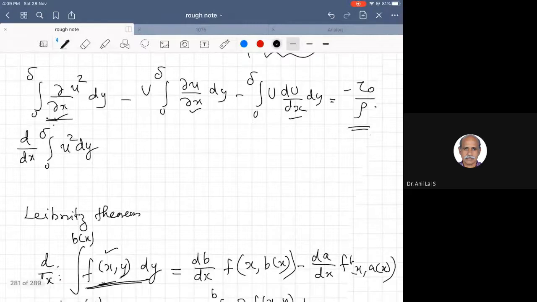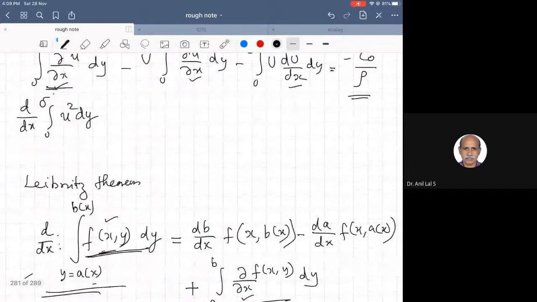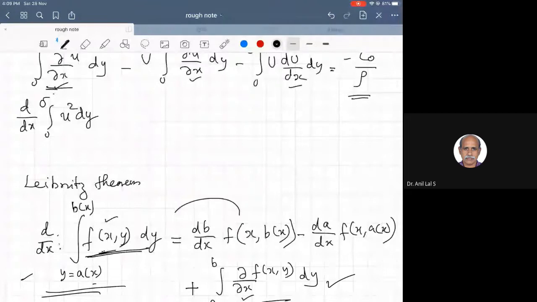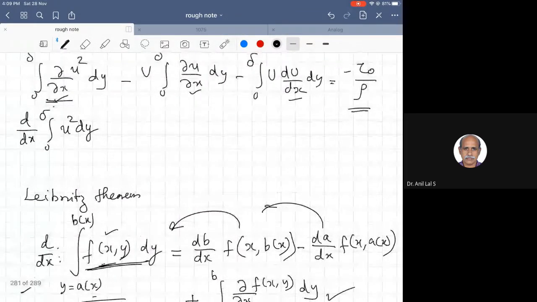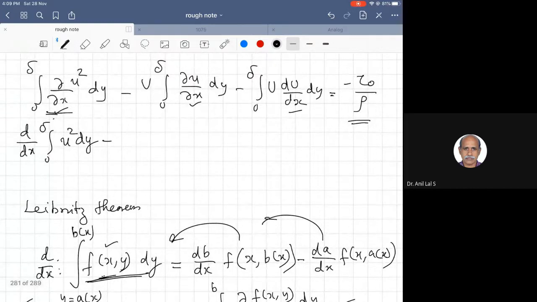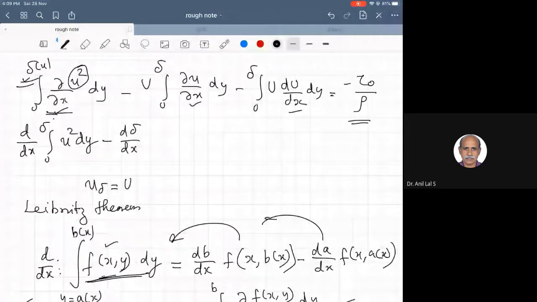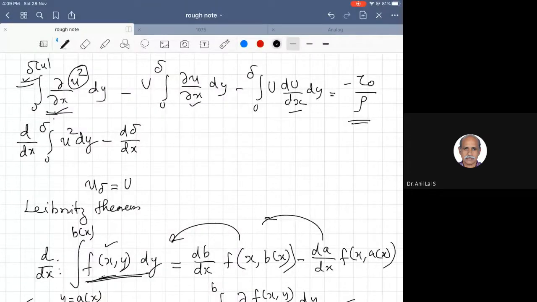This will be subtracted, and this will be added. What is subtracted now? Minus d delta by dx into the function u squared evaluated at delta. What is u at delta? It is equal to capital U. So u squared evaluated at delta will be capital U squared.